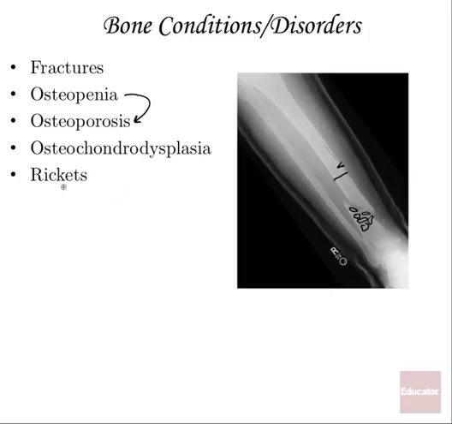And rickets, if you have this severely, one of the signs is that bones, especially the ones in your legs, will get curvy, and the person will actually look bow-legged. When they stand up straight, their legs are not straight. They actually kind of look like this, and an X-ray would reveal that odd bone development. And that's due to lack of calcium absorption early on in the development of their skeletal system.